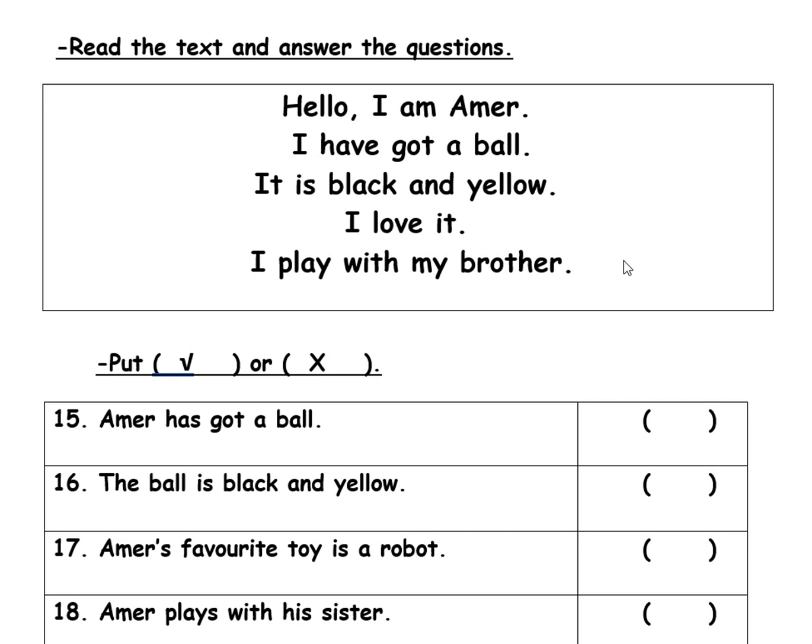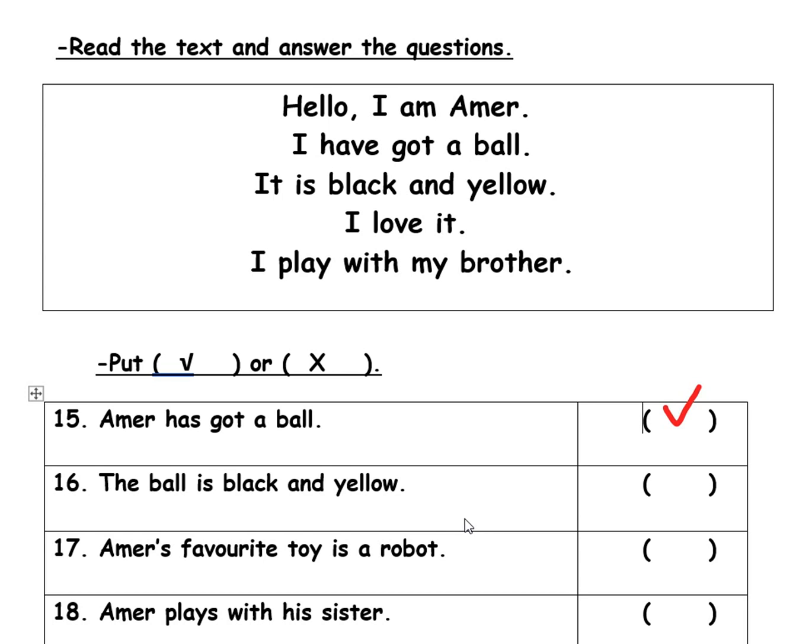Now let's answer the questions. So, is this sentence correct or incorrect? Amir has got a ball. Yes or no? Yeah, of course it is yes or correct, because here he says, I have got a ball. Now, the ball is black and yellow.